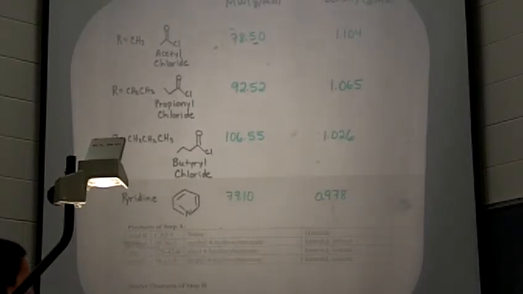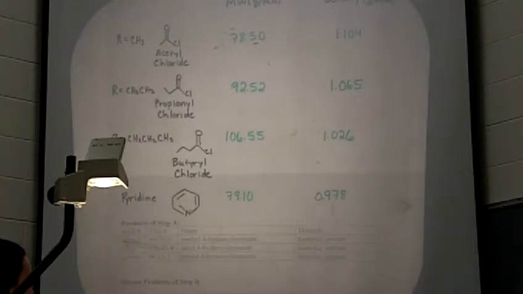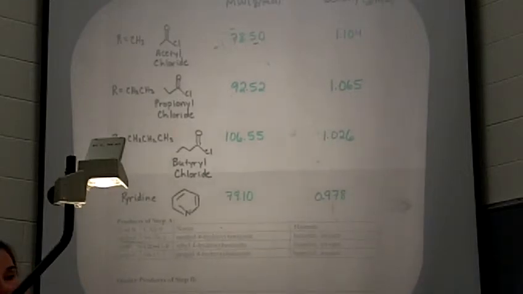But these bottom names are what you want for naming your final product. So whether you use the methyl, the ethyl, or the propyl group for your acid chloride, you need these 3 names right here for naming your part B product, okay? So I'll let you copy those down.